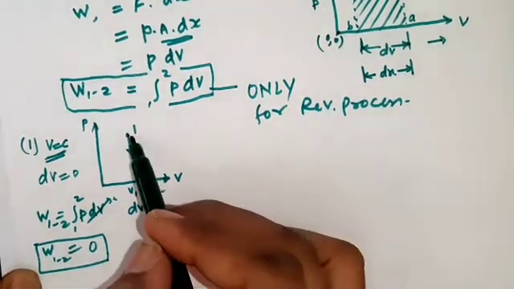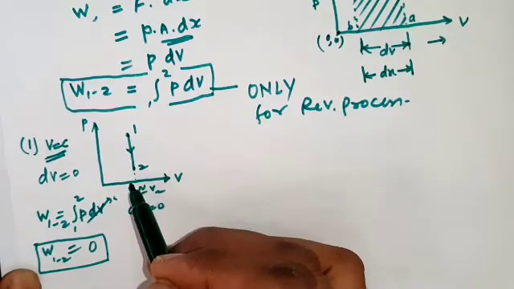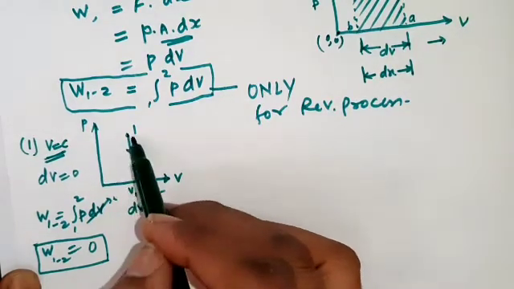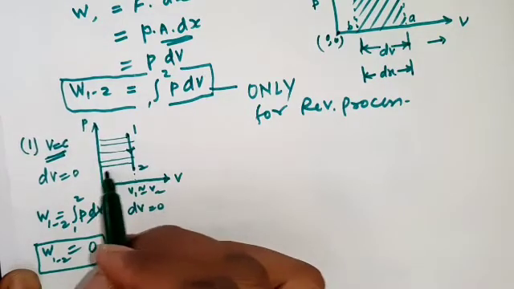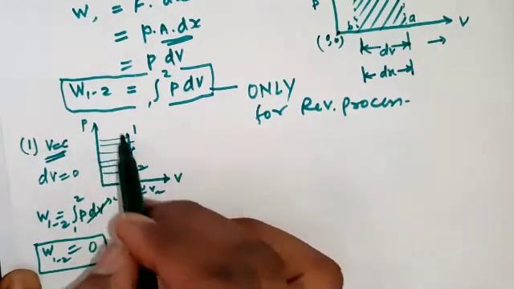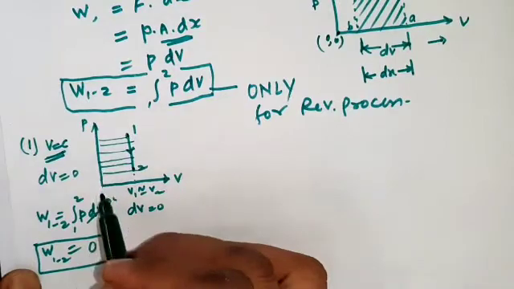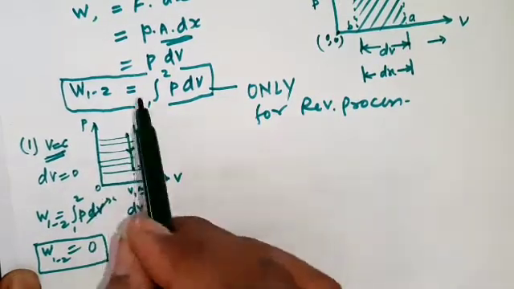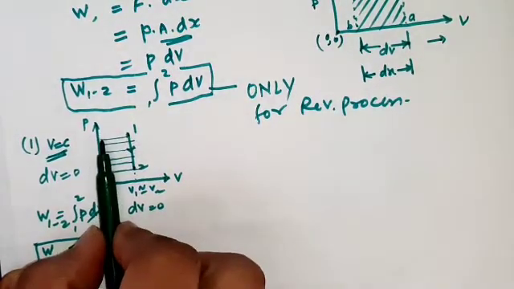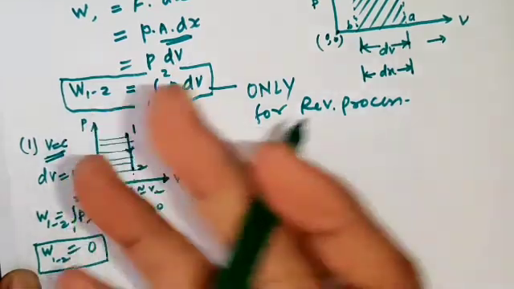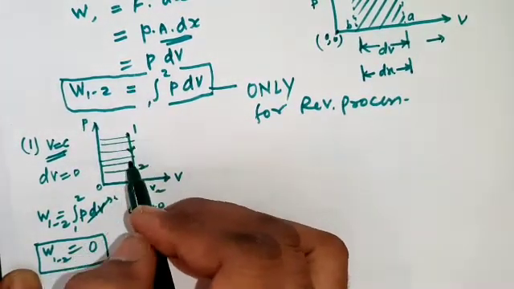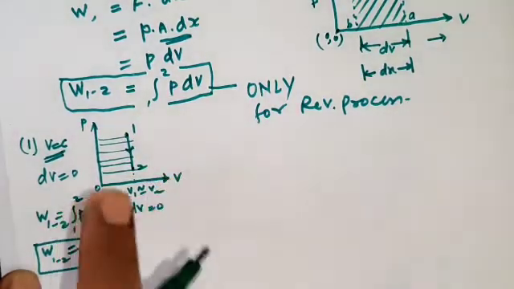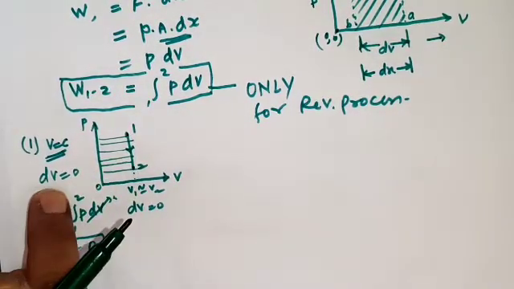Here you can see this is process 1 to 2. Volume is not changing throughout this process because this distance is constant. So this distance is showing the volume. Okay, so this is the zero line, so volume is changing from here to here. So at each and every point of this process volume is not changing, that's why volume is constant, then dV is equal to 0.